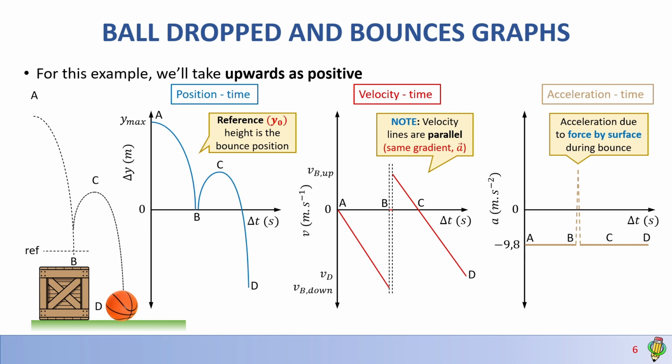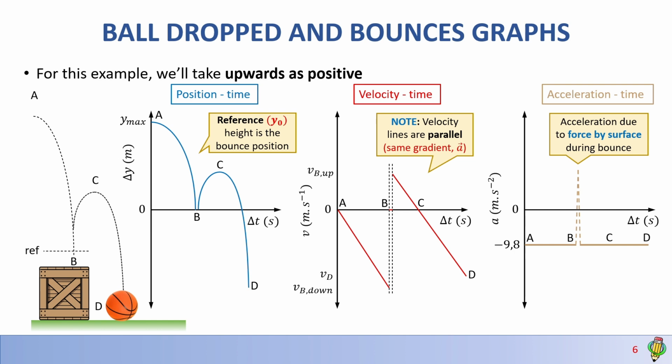The ball continues to move upwards while decreasing speed, going towards the maximum height, whereby the velocity at the maximum height will be 0 meters per second. This is at point C, after which the ball will start to increase in velocity in the downwards direction until it reaches point D, and we will denote the velocity at point D as Vd on our velocity time graph.